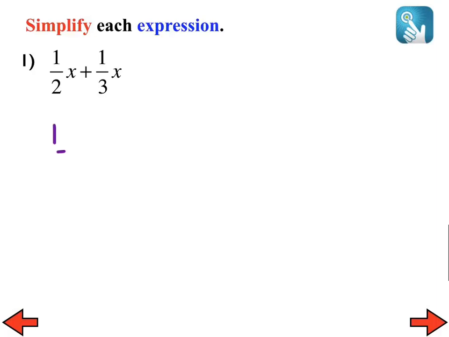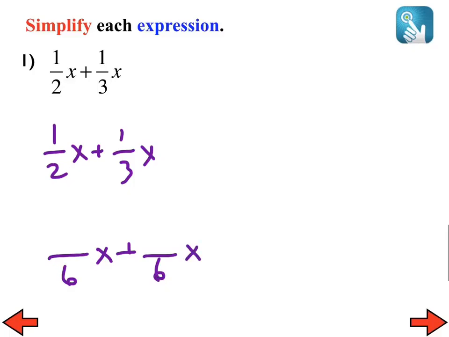What is the GCF here? 6. So I want both of them to have 6 on the bottom. So that means I'm multiplying the first one by 3 over 3 and the second one by 2 over 2. That will give me 3/6 x plus 2/6 x. What is 3 plus 2?